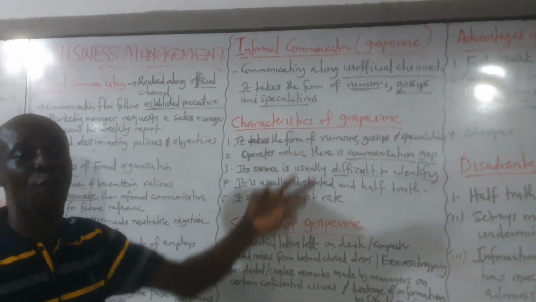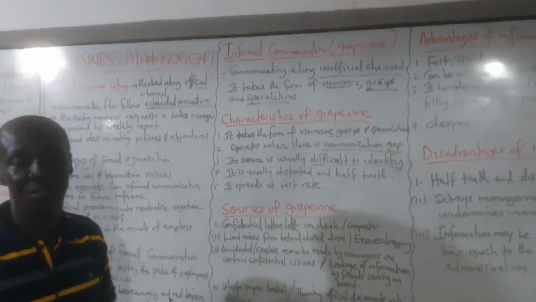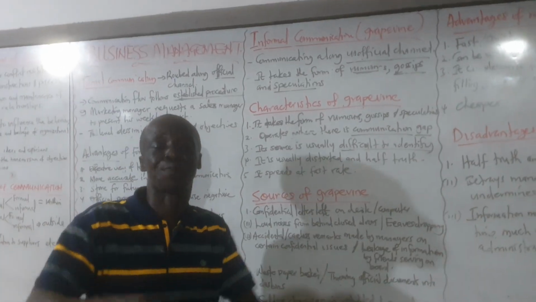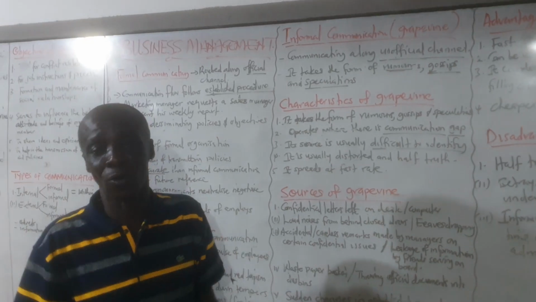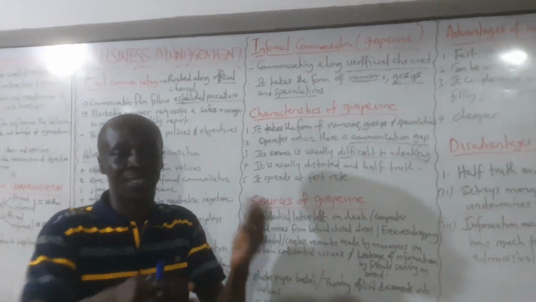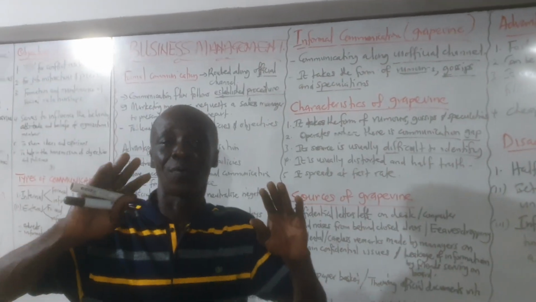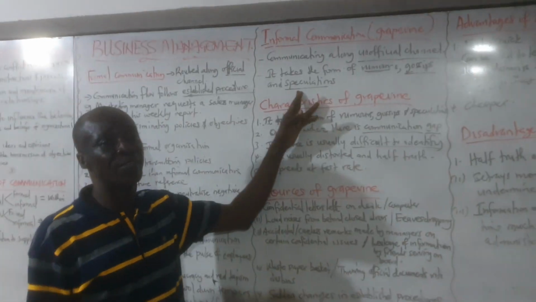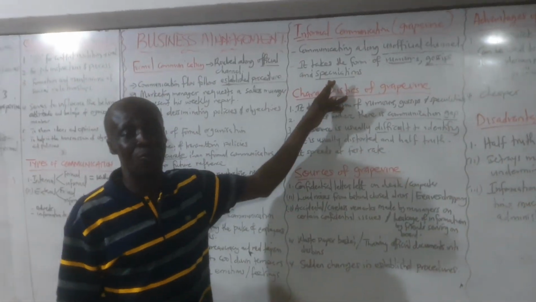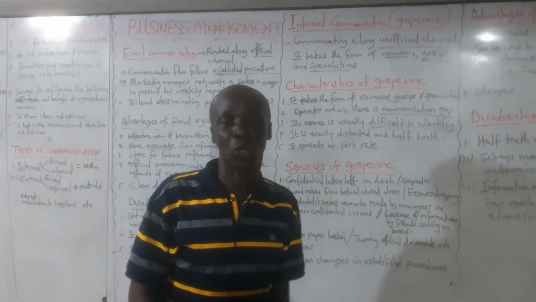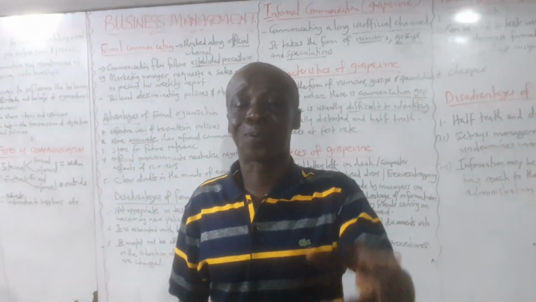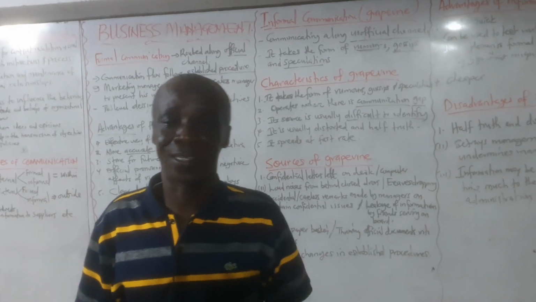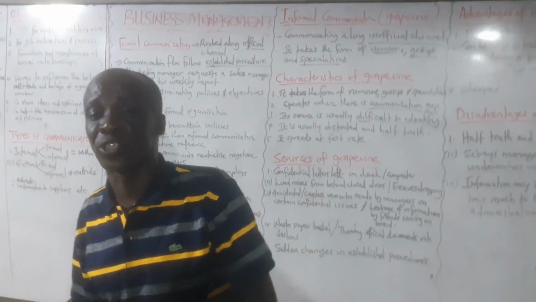It takes the form of rumors, gossip, and speculations. Yes, rumors, gossip, and speculation. You understand this word because you remember when we were talking about the stock exchange. We learned about speculators in the stock market, and what speculation is.